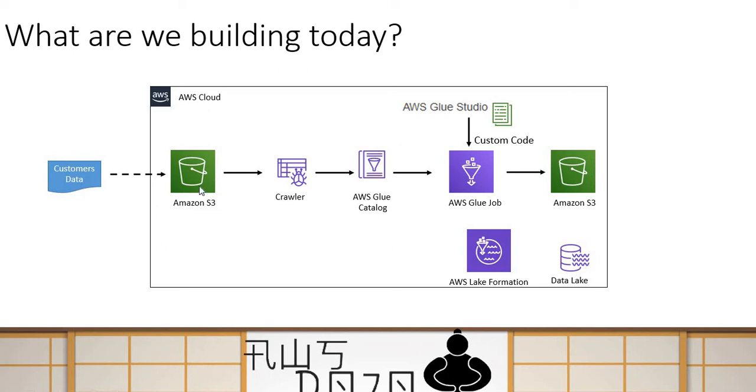Today we are also creating a similar data lake, in fact the same data lake, but in this case we'll use custom code inside Glue Studio to write your transformation and then write it to the S3 bucket. So we will read data from S3 through a data lake, and then we will write a Glue job using Glue Studio, which will use a custom transformation, and then write the output to an S3 bucket. So this is what we are going to build today to understand how custom transformation works.